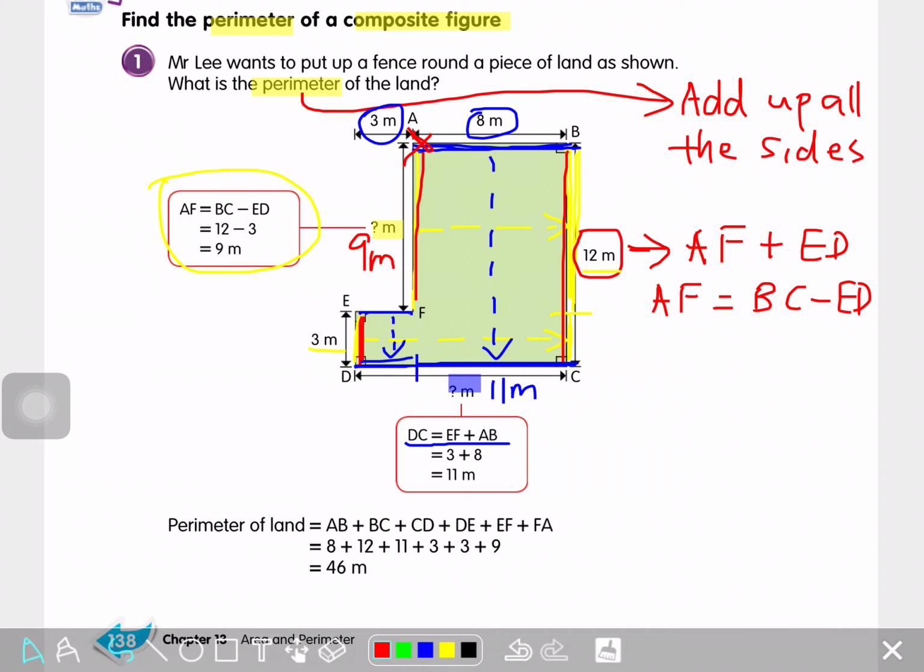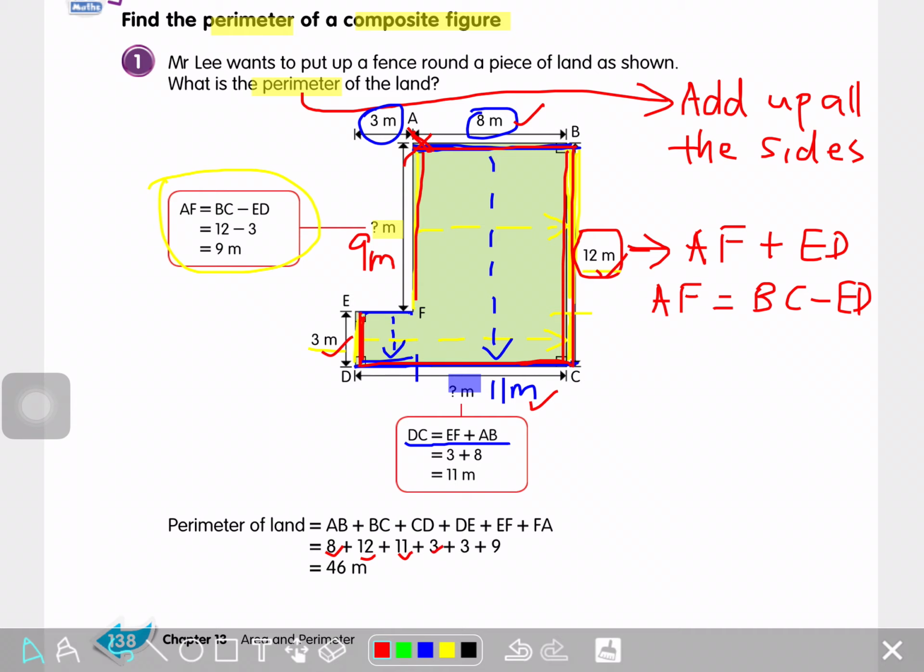Then I go across 8 meters. So you see, yes, I've written out 8. Then I move down, 12 meters. Yes, write down 12. Move across, it's 11 meters, so I write down 11. Then I move up, 3 meters.